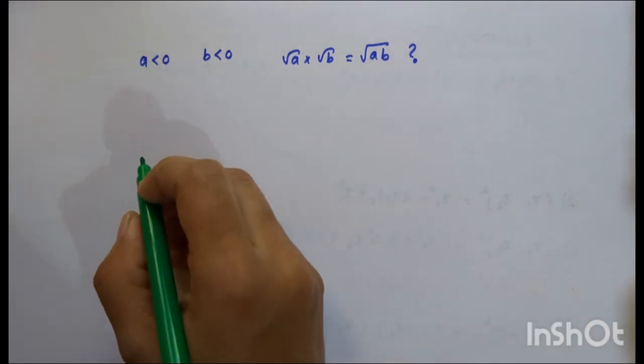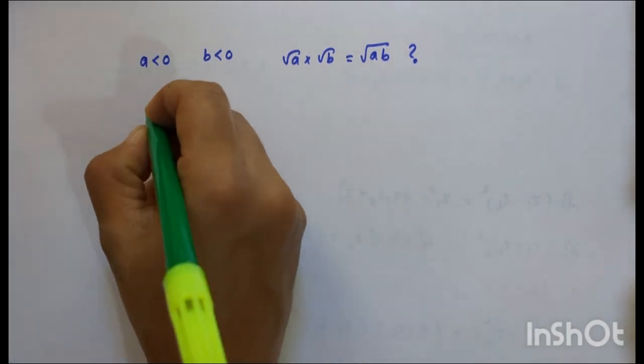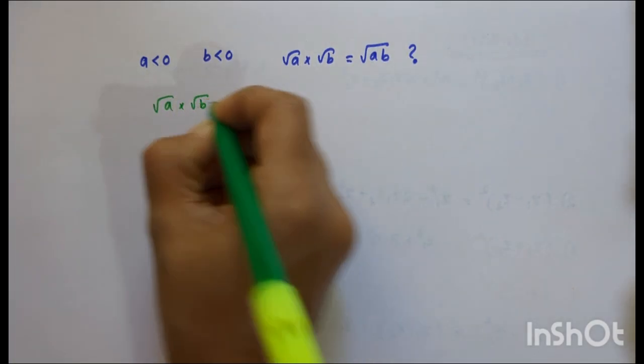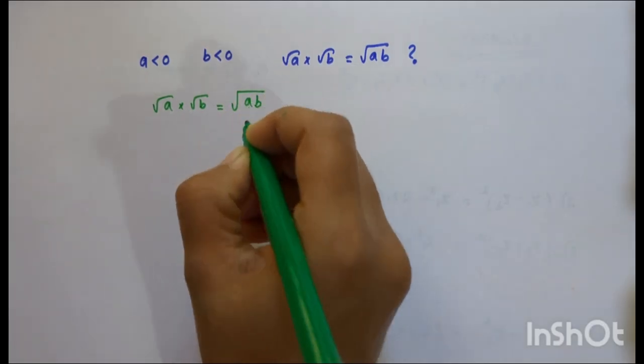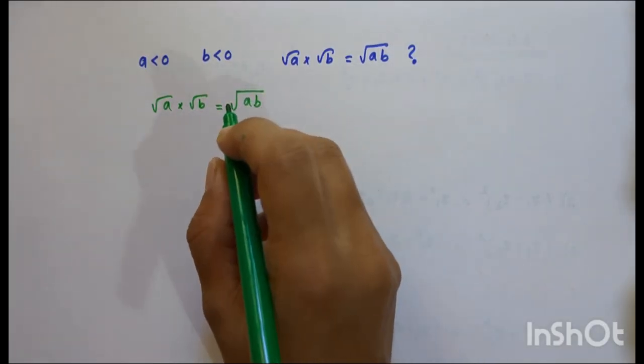So to check that, let us assume this equation, root a into root b is equal to root a into b, is true for all real numbers.